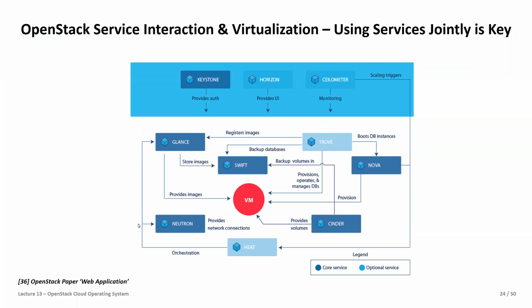Here we see a typical scenario, maybe with a web application using load balancing and a little bit of orchestration with Heat. But first of all, we want some Nova service, some computing, as we have seen and learned. This is around a VM. A VM needs to have an image somewhere. That's what we get via the Glance service. And we can store these images somewhere. We need real storage, right? So this is just a service managing it.